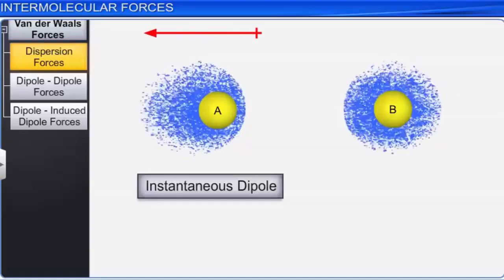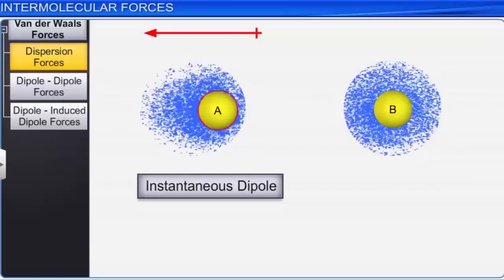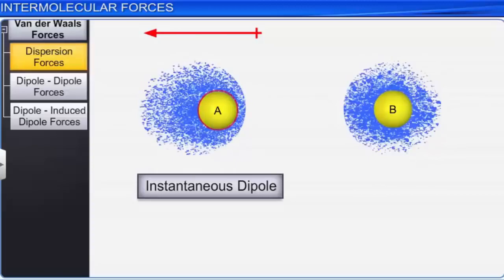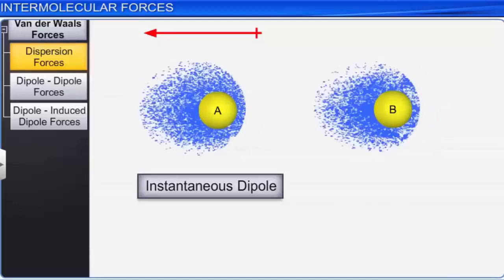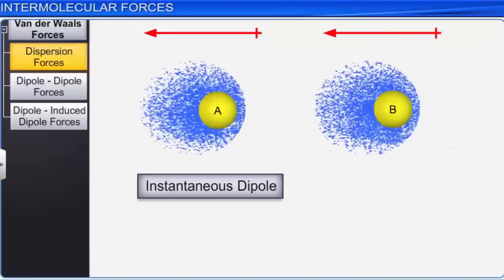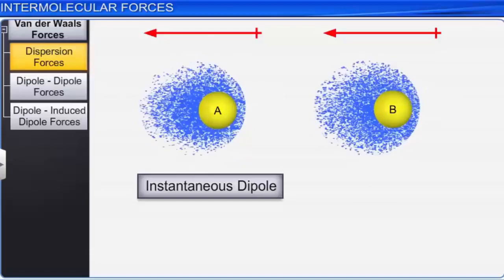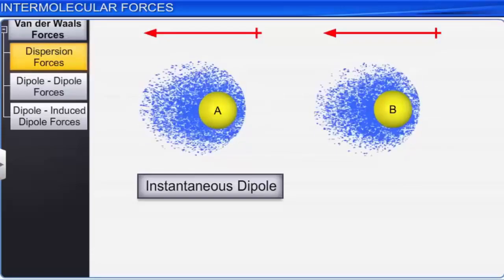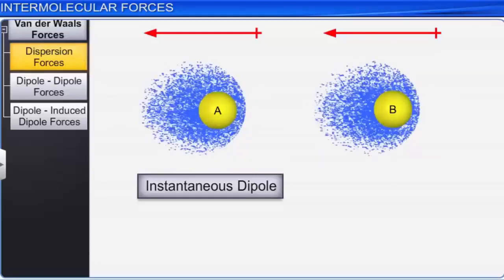This instantaneous or transient dipole distorts the electron cloud on the other atom, that is, atom B, which is close to it. As a result of this, a dipole is induced in the atom B. The temporary dipoles of atom A and B attract each other.